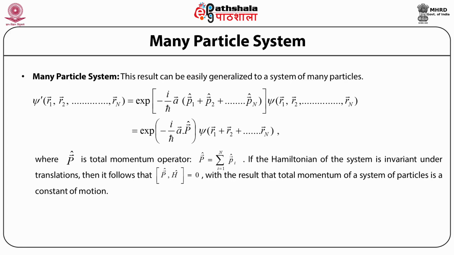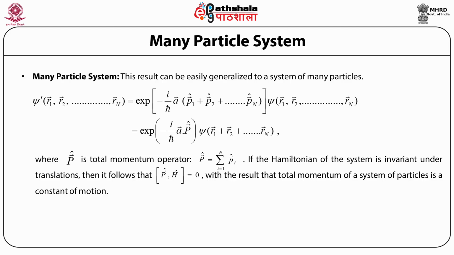Many particle system. Now, up till now, we were continuing this discussion of translational invariance and the corresponding conservation of a physical observable for a single particle system. Now, let us generalize this result to a system of many particles. So, instead of having a wave function for a single particle, we will now have to write the wave function for n particles.